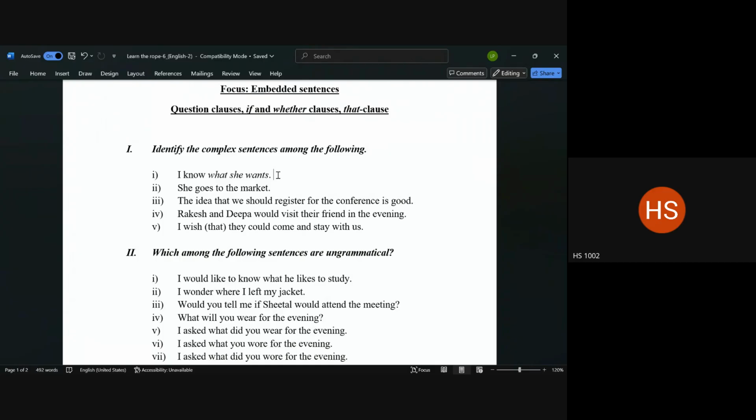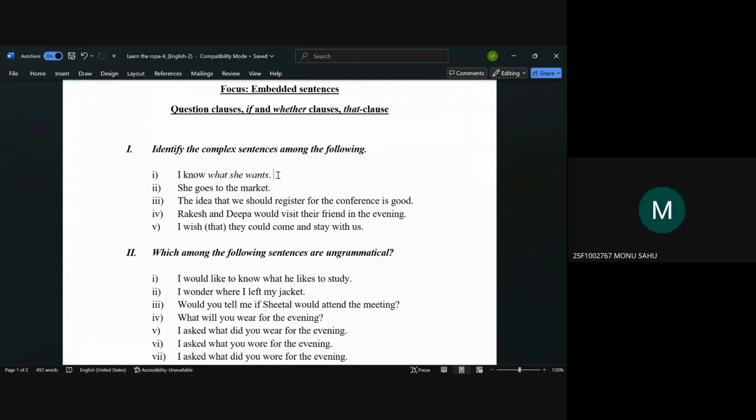Then you have the third one. The idea that we should register for the conference is good. Simple sentence. Independent clause. The idea that we should register for the conference, is it simple, compound, complex?